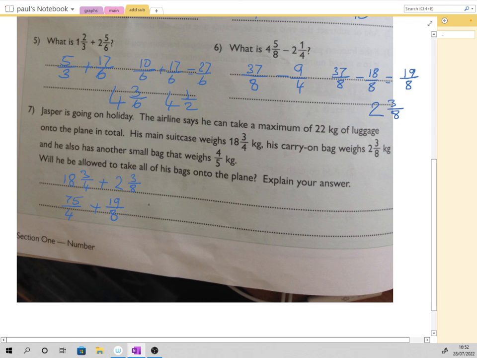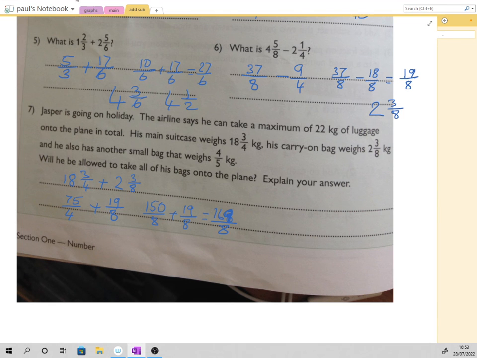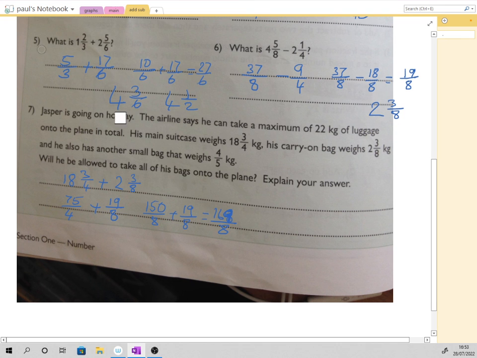So that gives me 150 over 8 plus 19 over 8. All the numbers are getting horrible now. 169 over 8. Now I've got to add on this 4/5.